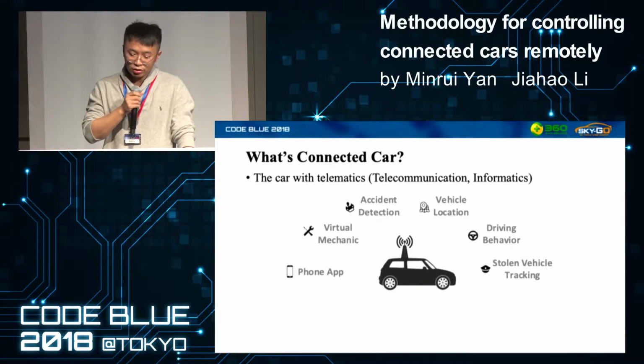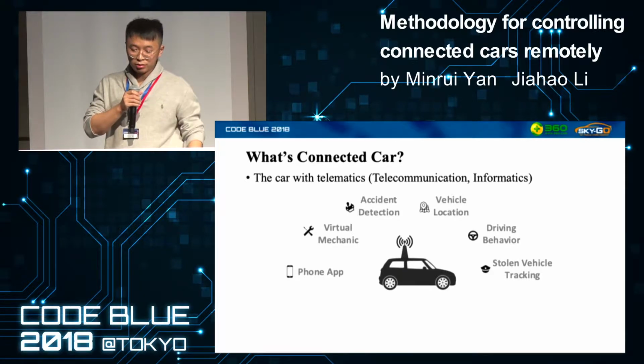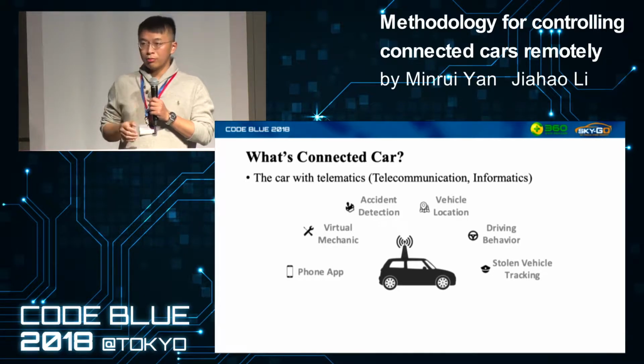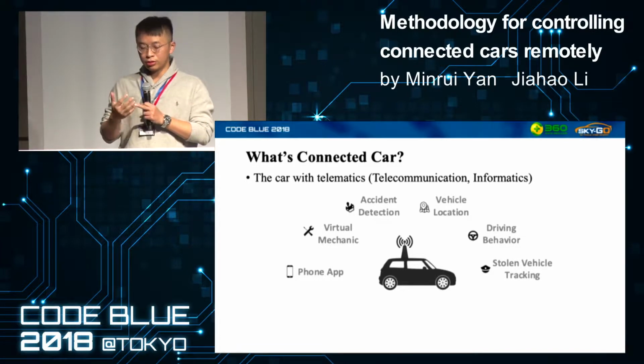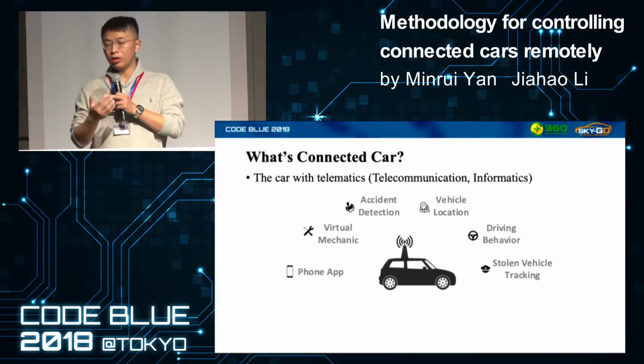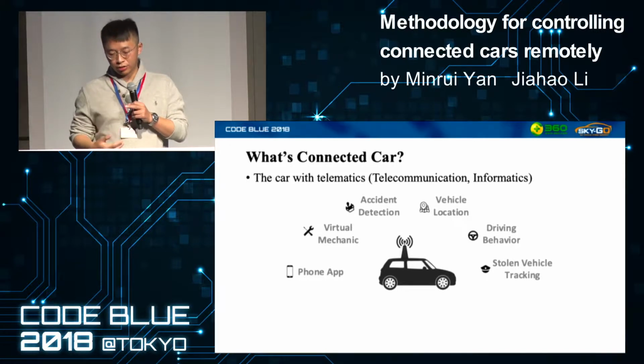This technology is used in our daily life, including taxi, express, vehicle checking, and even remote control. So maybe you buy a new car, you can control your car with your phone, open the door remotely and start the engine.